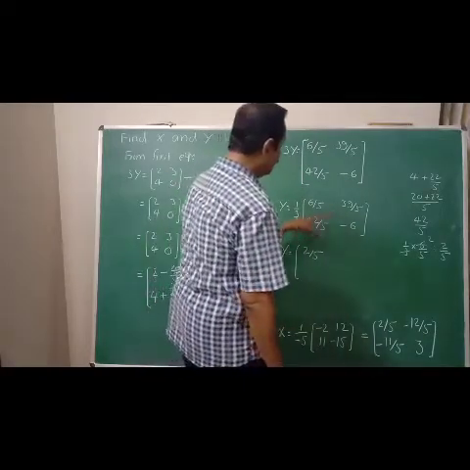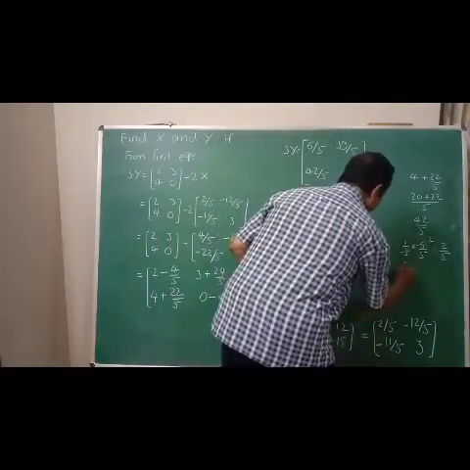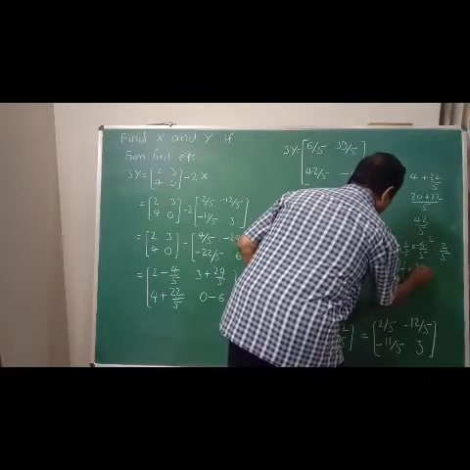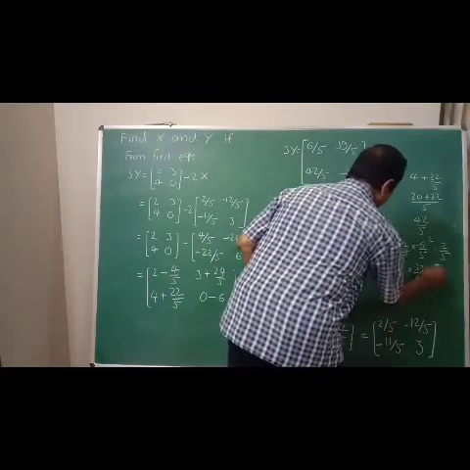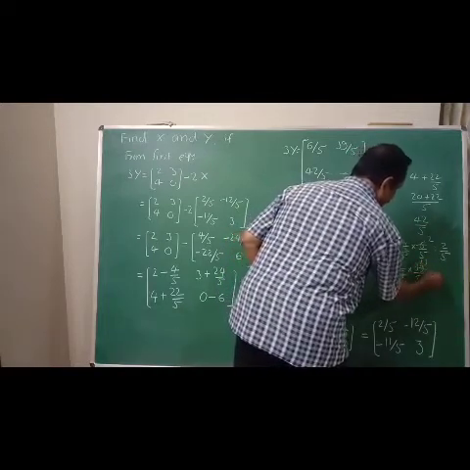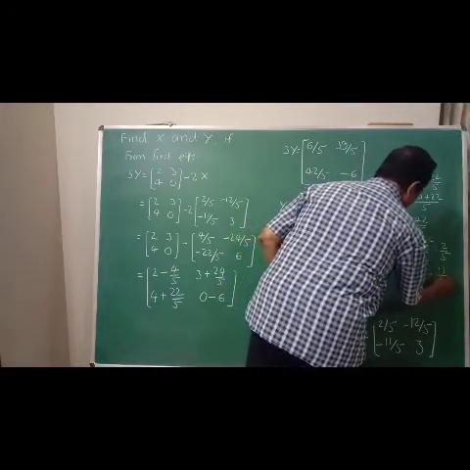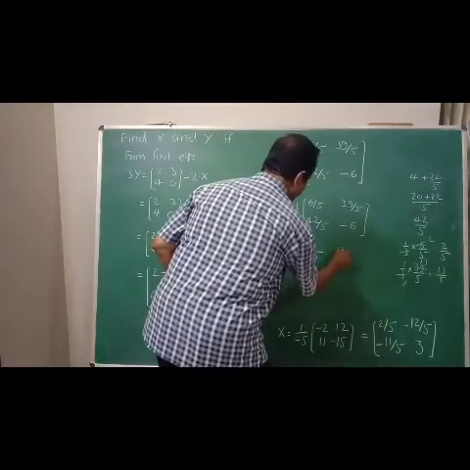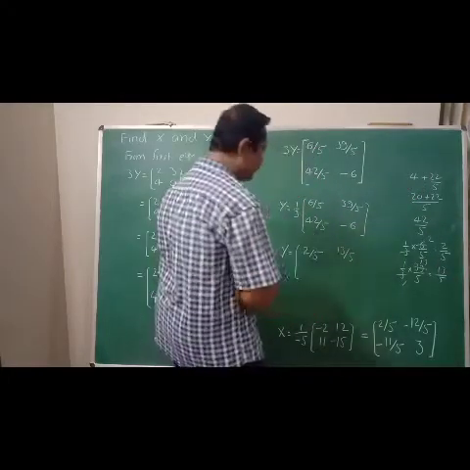Then 1 upon 3 into 39 divided by 5: 3 13s are 39, so it is 13 divided by 5.